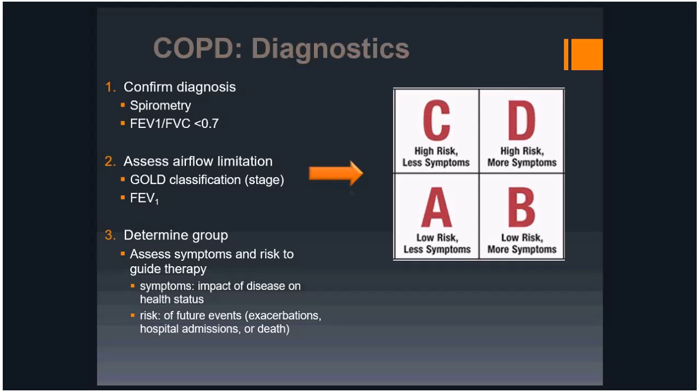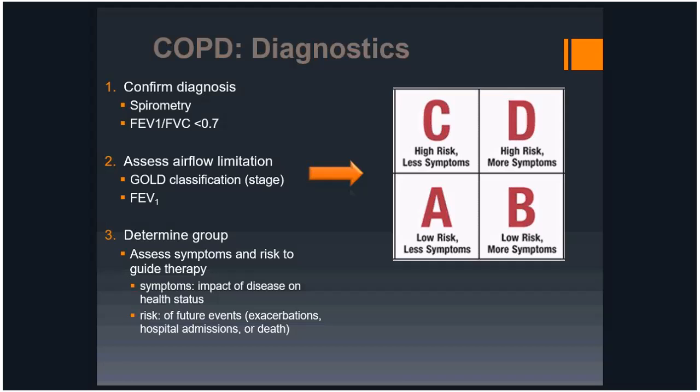So again, the 3 steps to diagnosing COPD: confirm the diagnosis using spirometry, must have the FEV1 FVC ratio less than 0.7, assess airflow limitation. You want to determine their GOLD classification, or their stage of disease or severity. You'll hear those terms used.